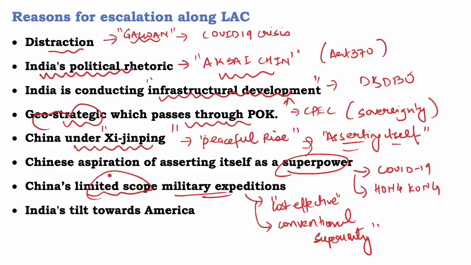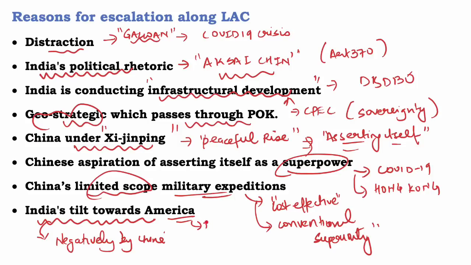And the last reason that has been asserted for this dramatic rise in the escalations along the LAC is India's tilt towards America. Now, India the world over has been seen as tilting towards the United States of America. And this tilt has been perceived negatively by China. There is a convergence of Indian and American interest, especially in the Indo-Pacific region. India is also a part of the Quad group. India is in negotiations to become part of the G7 grouping.